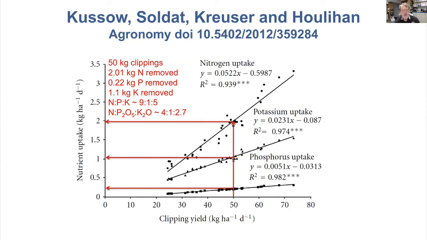This is work where Kreuser was involved, and Soldat and Kussow. They're looking at clippings removed. This is just an example of the ratios: to pull off 50 kilograms of clippings, you're going to have 2 kilograms of N, 0.22 kilograms of P, 1.1 kilograms of K. So your ratio is roughly 9 to 1 to 5 in this case, and this is bentgrass, which puts you in a 4 to 1 to 2, or 4 to 1 to almost 3 ratio.